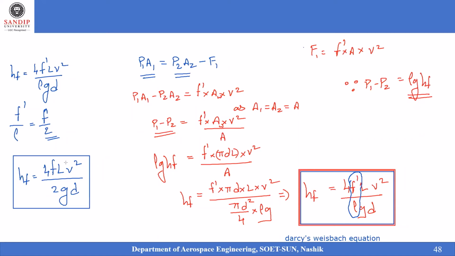This needs to be applied when the friction factor is given. When the friction factor is not available, you are supposed to utilize the formula 4f dash L v square by rho g d. The only difference between these two equations is that f dash by rho has been replaced with f by 2, where f is the friction factor.